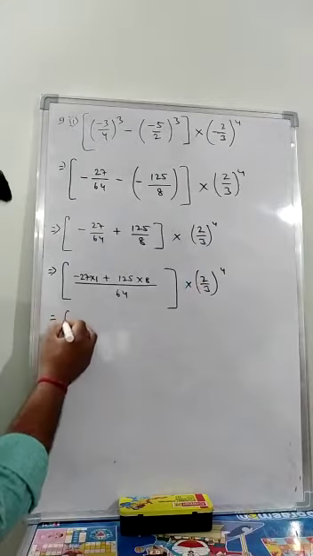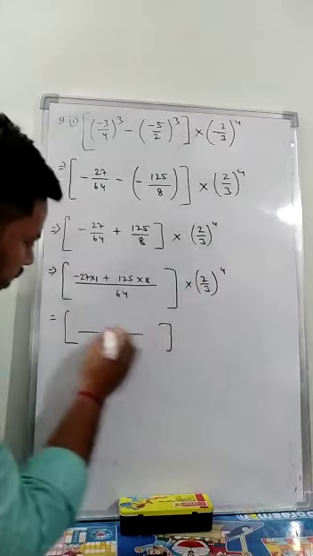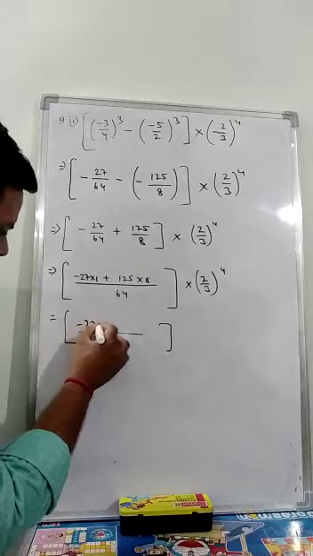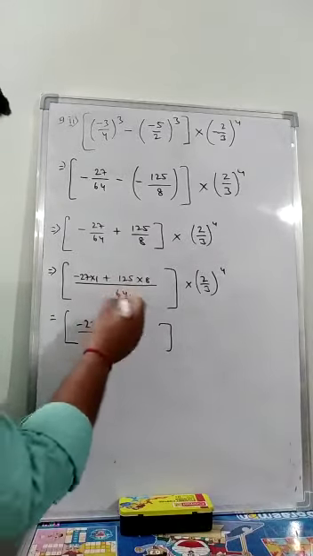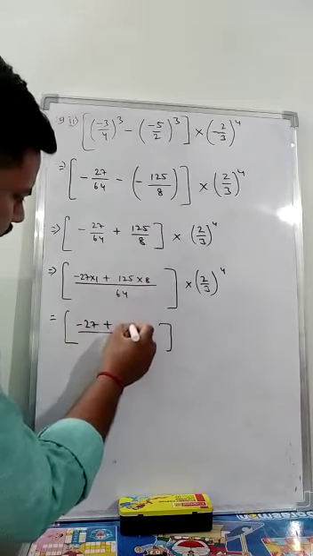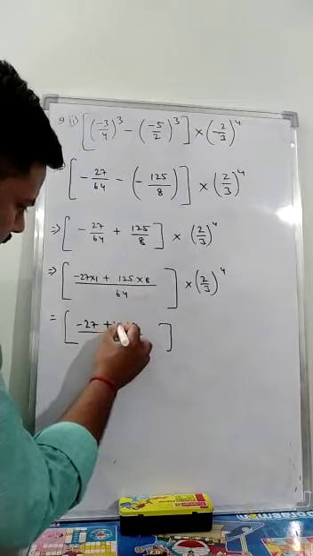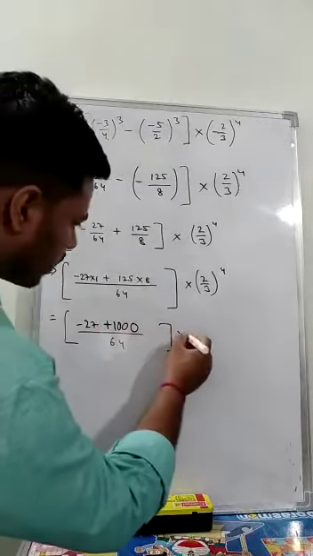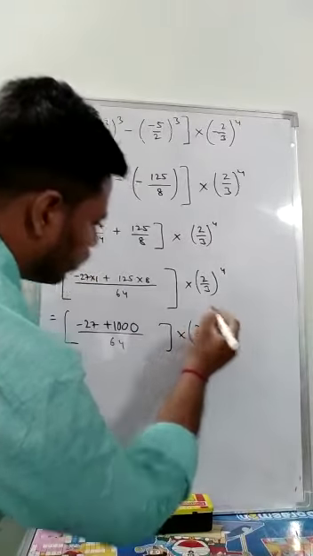Now when I am simplifying this, here it will be 64. Now minus 27 into 1, minus 27 plus, now 125 into 8. So 8 5 is 40, 8 2 is 16, 20, and here 10, you will get 1000, into 2 by 3 whole to the power 4.